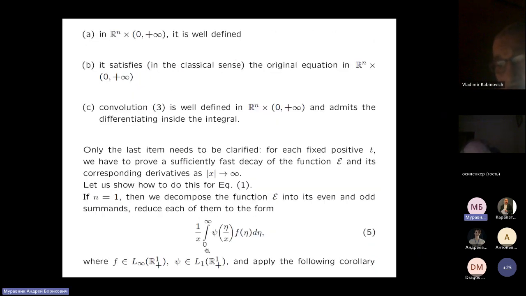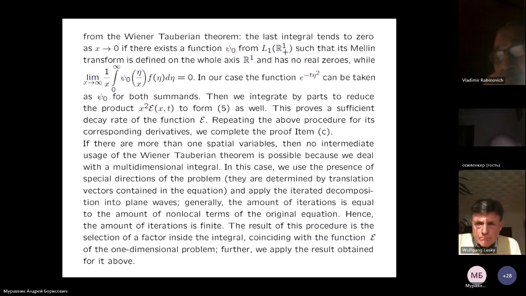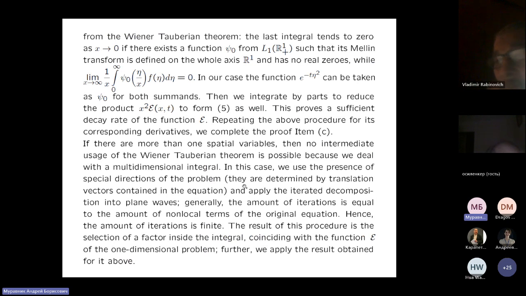The function psi is to belong to L1 and nothing else. This follows from the Wiener-Tauberian theorem. And in our case, this function can be taken as psi 0 for both summands, both for the even one and the odd one.